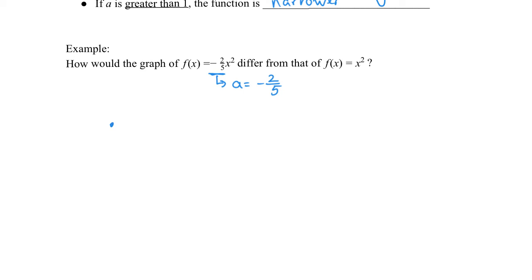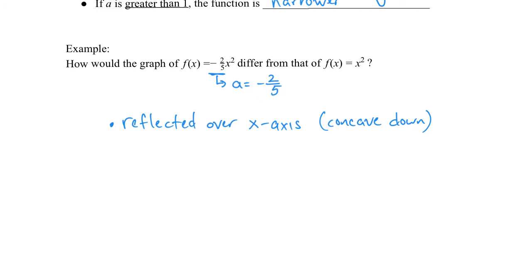The negative sign reflects it over the x-axis. And in parentheses, I'm going to put concave down. You wouldn't say concave up or concave down for the square root function. You would only say concave up or concave down for the quadratic, because that's the only one where it makes sense. So that is because of the negative sign.